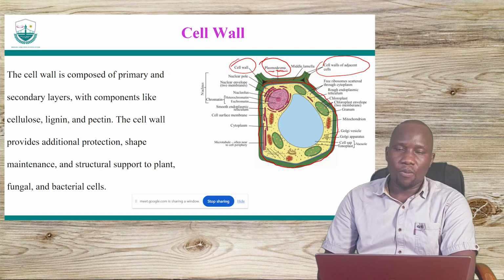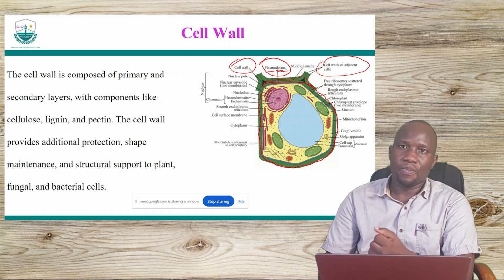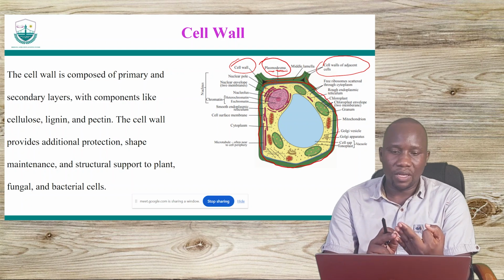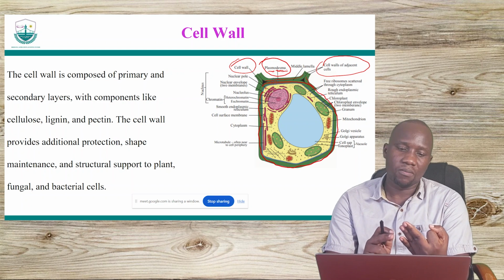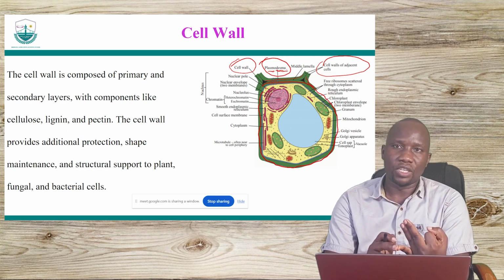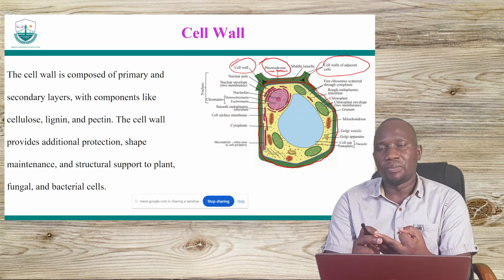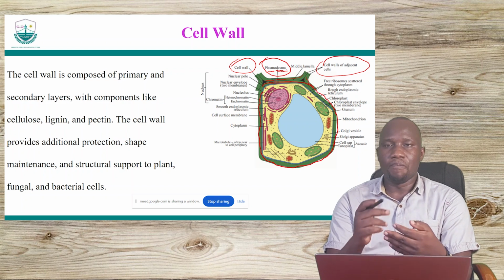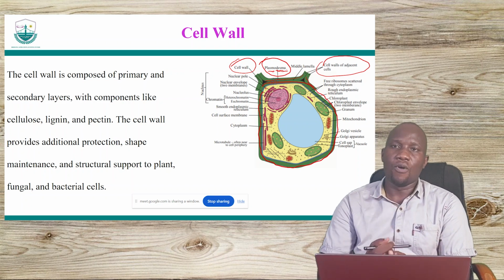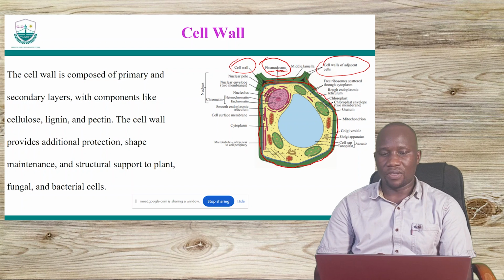Okay, so the cell wall basically plays about three major functions. One, it provides protection. Two, it provides structural support. And then three, it maintains the shape of the cell.